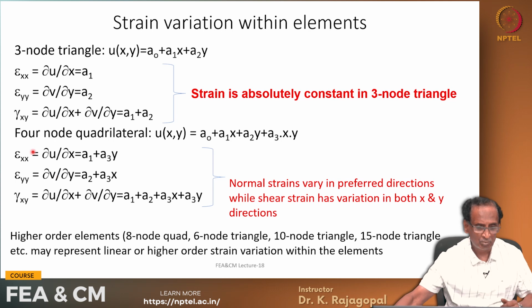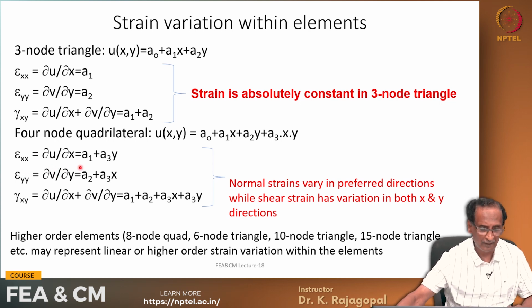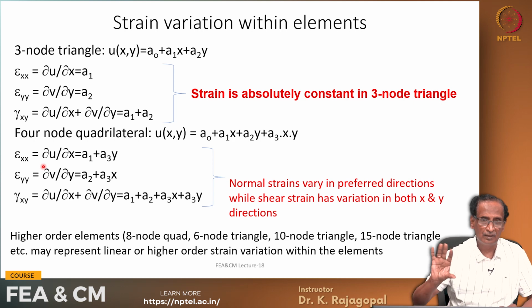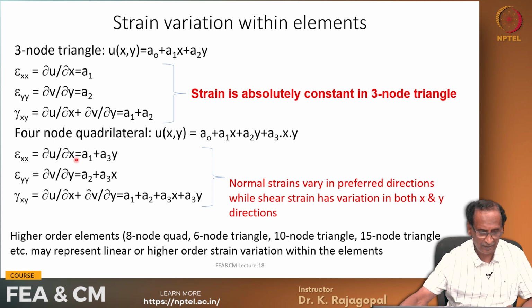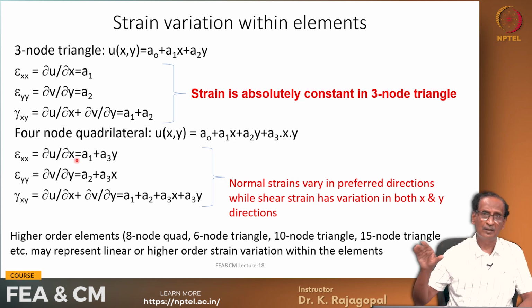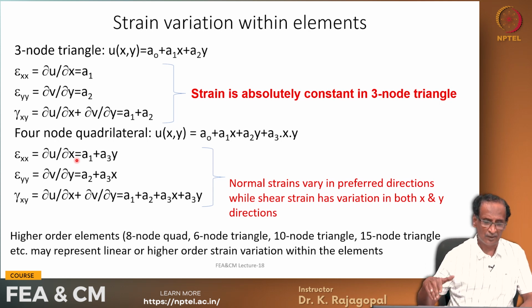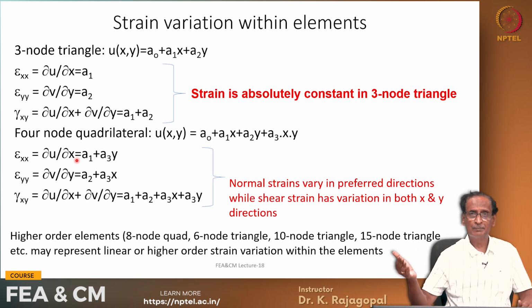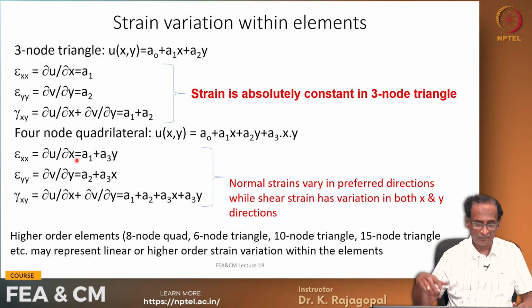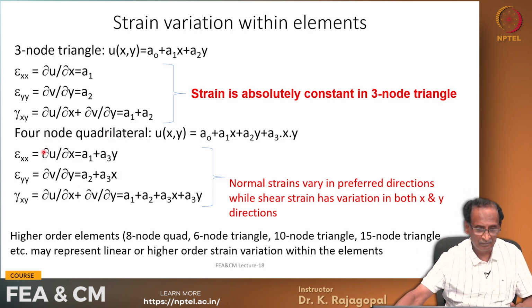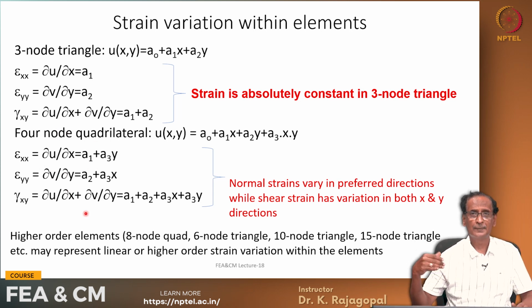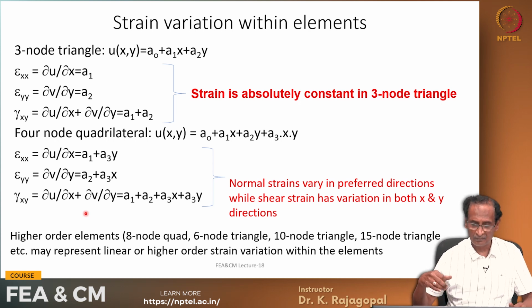So that's not correct. But if you apply a 4-node quadrilateral, the epsilon x, that is the flexural strain, is a function of y. So it has a capacity to represent tensile strain at the top and compression strain at the bottom. So that way the 4-node quadrilateral may be better compared to a 3-node triangle. And even more versatile than these are higher order elements like 8-node quadrilaterals or 6-node triangles and so on, and by using them we can get better result.